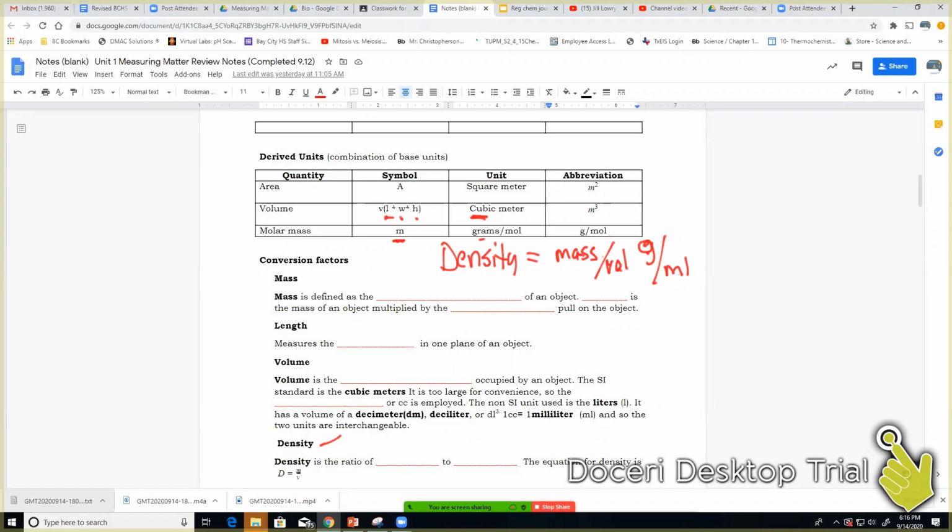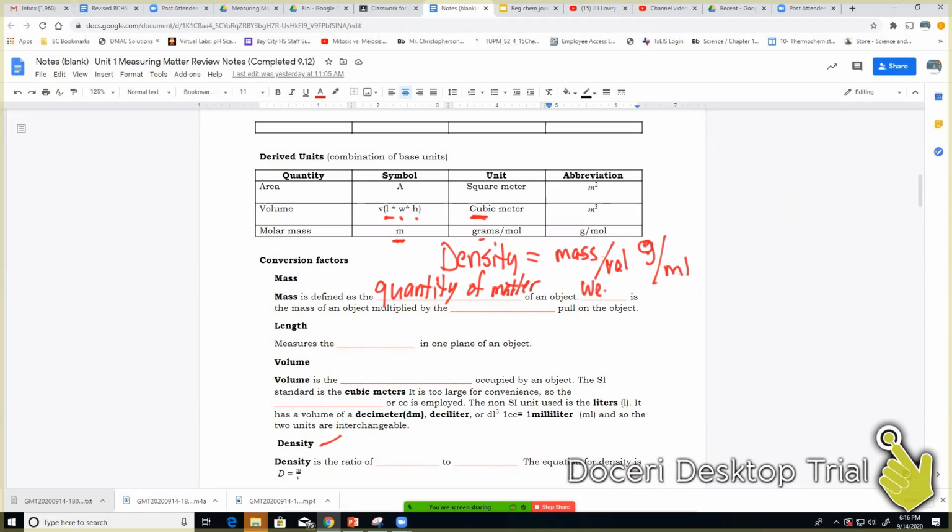All right, put these over right here. So mass is defined as the quantity of matter of an object.